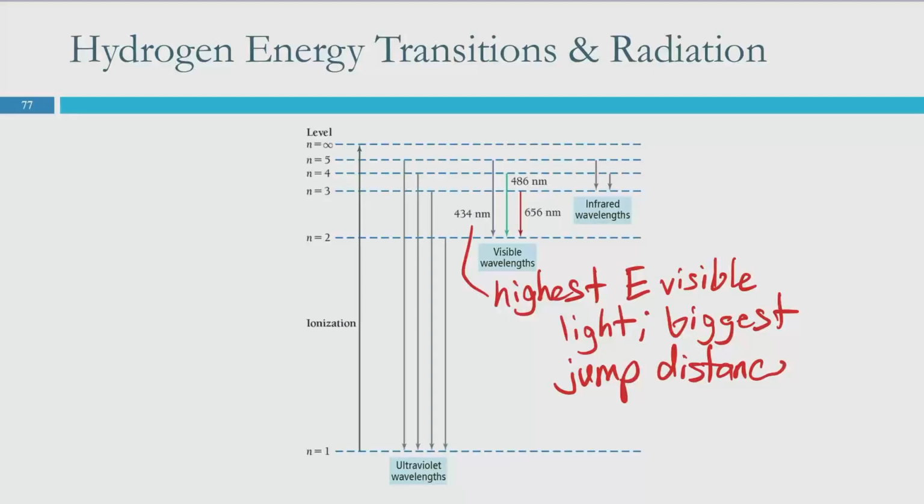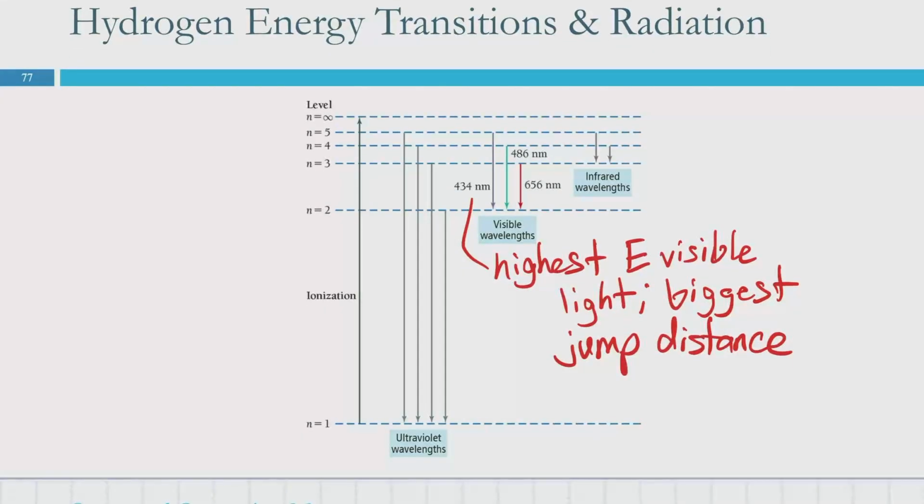It's jumping the furthest. That corresponds to the most energy for visible light. Our green is from the n equals 4 to n equals 2, and our red was from the n equals 3 to n equals 2, because that's our lowest energy visible light. Do we have any questions so far about these transitions?